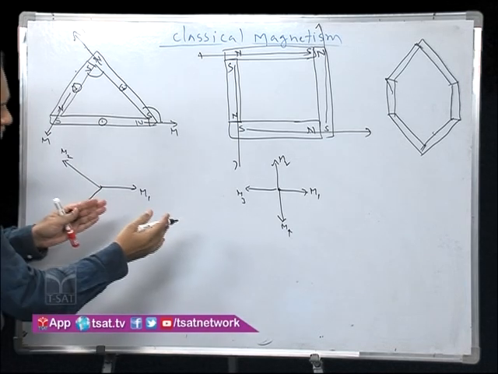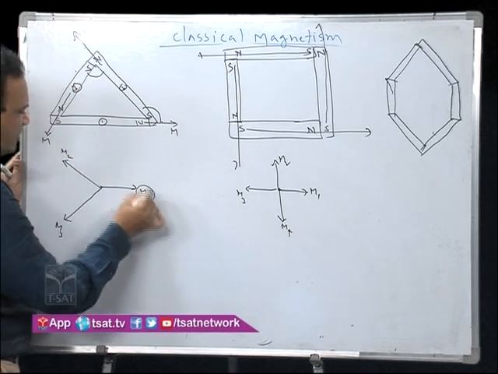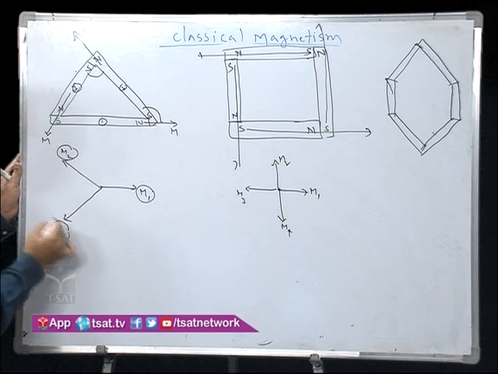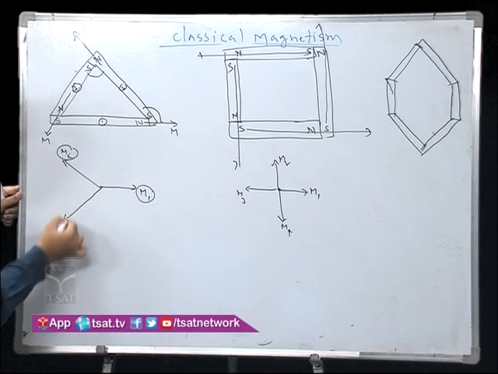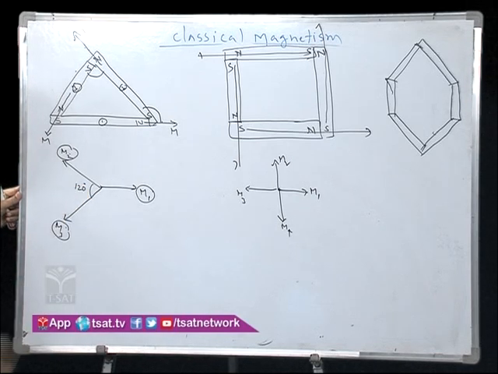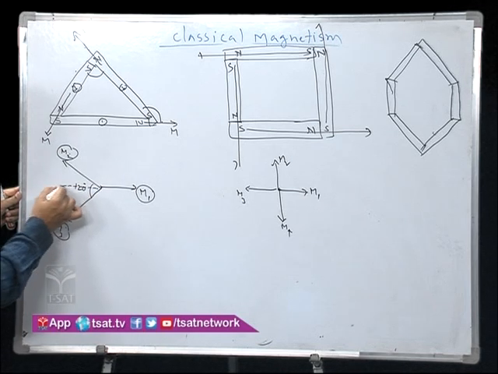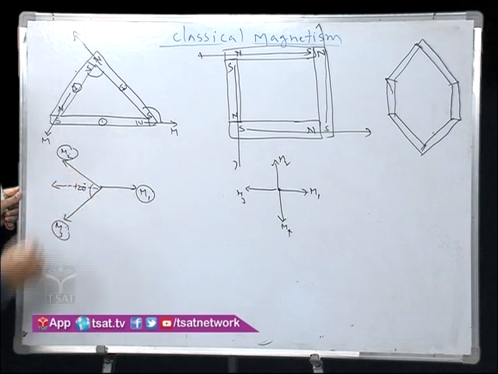See in these two cases, suppose all are identical. So here m1 and m2 and m3. You know the parallelogram law of vector addition. So if the angle between the second one and third one is 120 degrees, equal vectors, the resultant vector is in the direction that bisects the second one and third one. Then what about the net magnetic moment here?